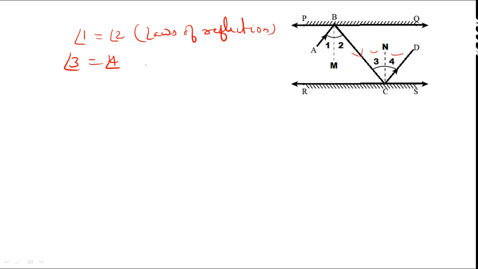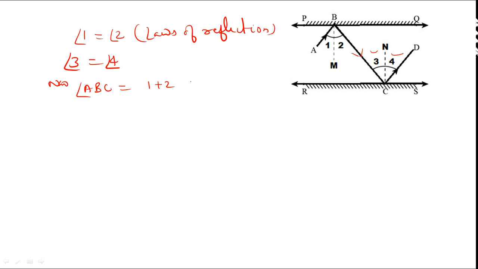Now let us see. Now let me add 1 and 2. Angle ABC is 1 plus 2, right? You cannot write it as 3, because 1 is the name of that angle and 2 is the name of that angle.